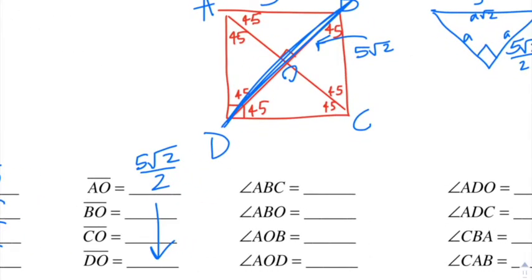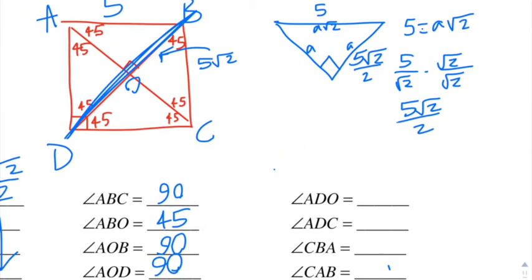All right, let's look here. ABC, that's 90 degrees. ABO, that's 45 degrees. AOB is 90 degrees. And then AOD is also 90 degrees. ADO, that should be 45 degrees.